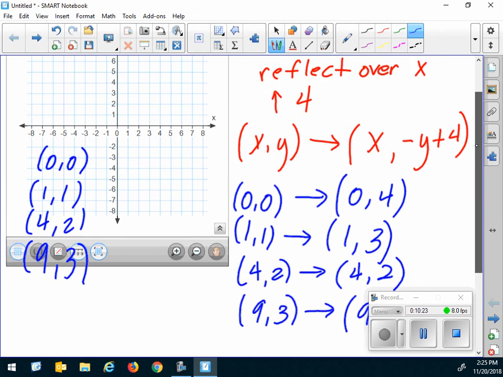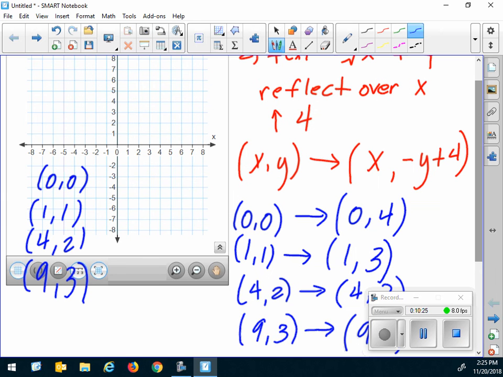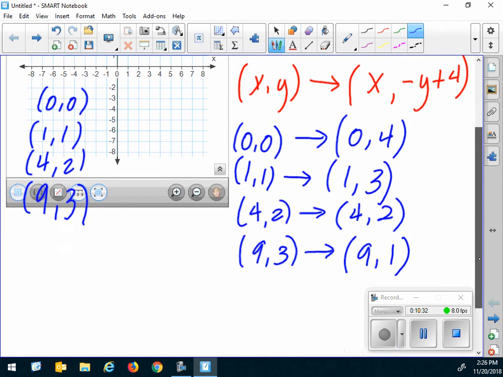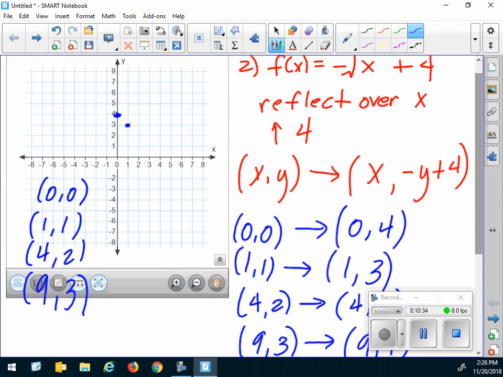So now we're going to go plot those new points: (0, 4), (1, 3), I can't see, (4, 2), and (9, 1). And there's your graph.